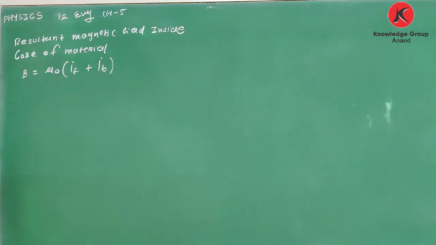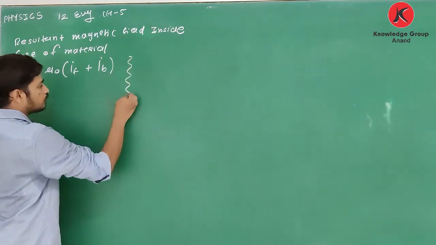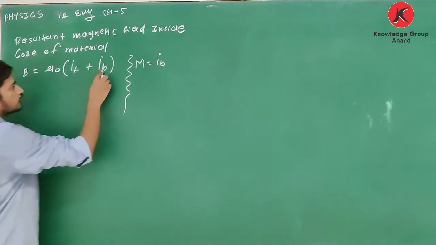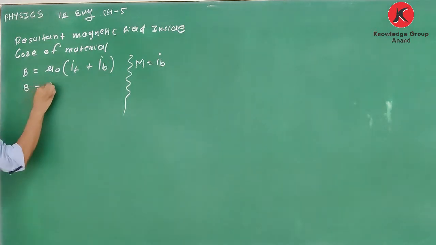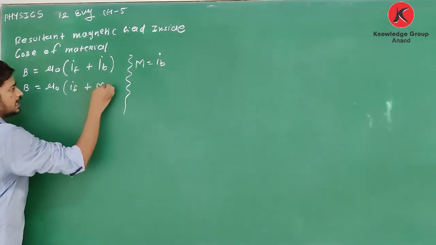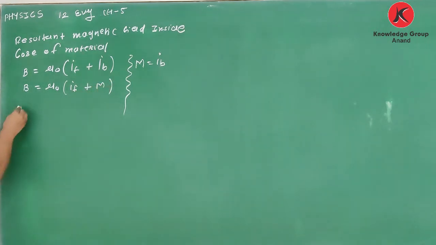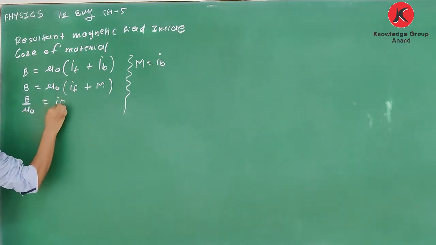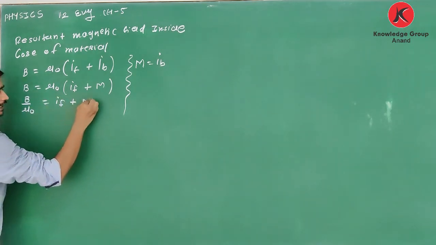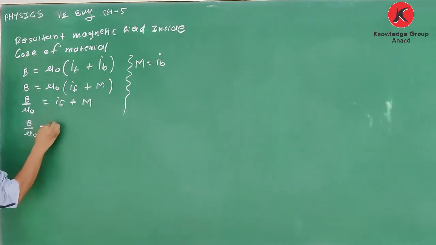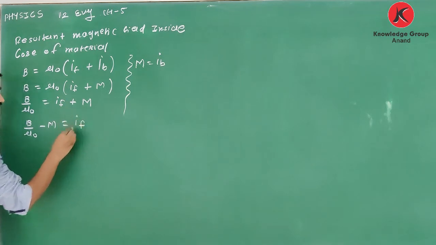But we have proved that M is equal to IB. So here I will place B is equal to mu 0 IF plus M. Clear about it? Now B upon mu 0 is equal to IF plus M. B upon mu 0 minus M is equal to IF.